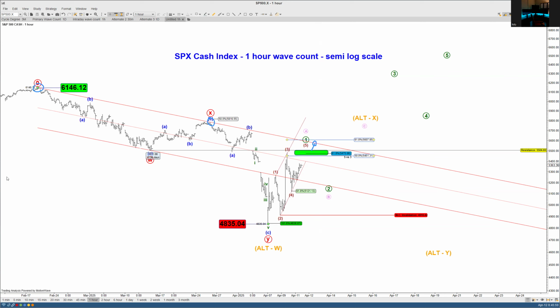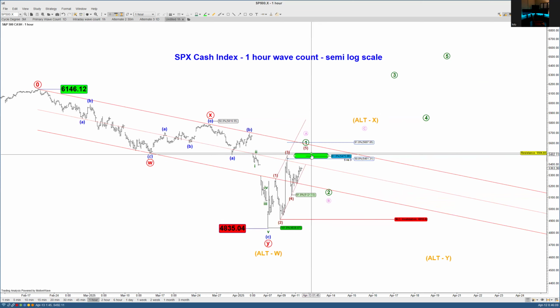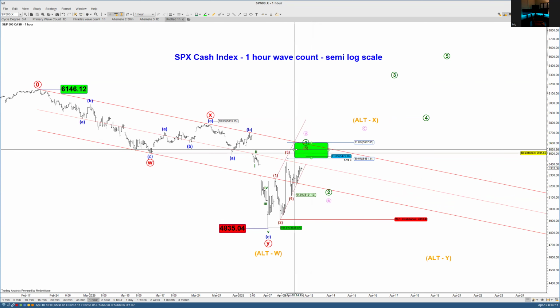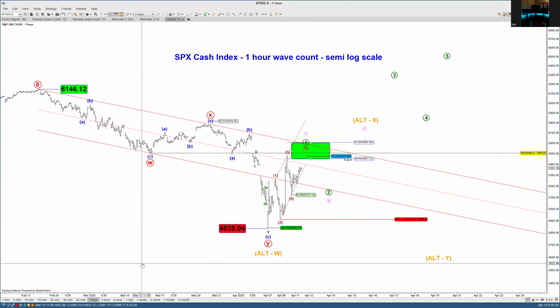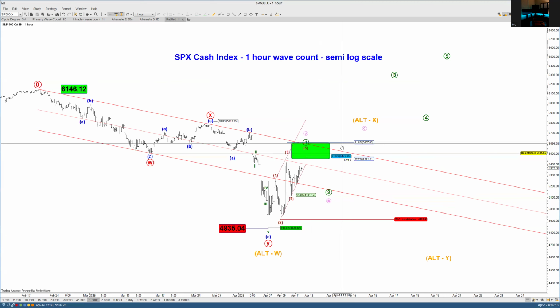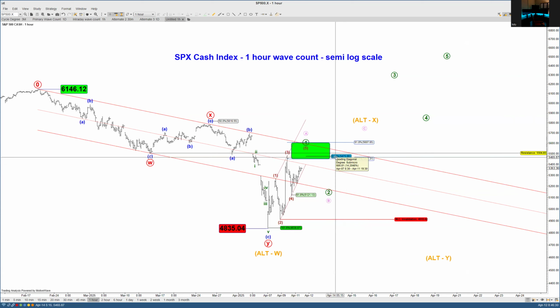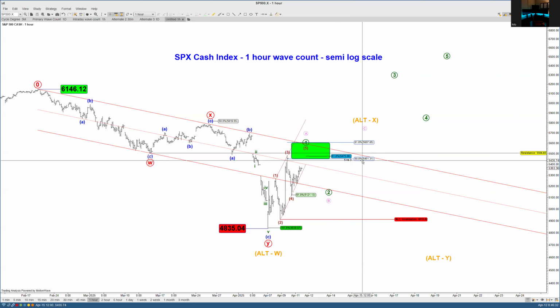The best part is to draw and make a zone right here to the upside. Why is this? Because we have the 61.8, the 5600 channel resistance, 5500 for this low, and 5475, which is the 61.8, and the 50% retracement, which is 54.51.